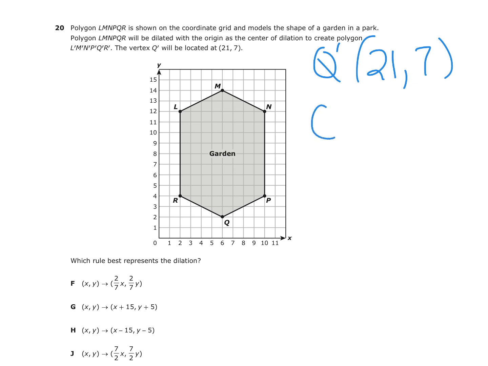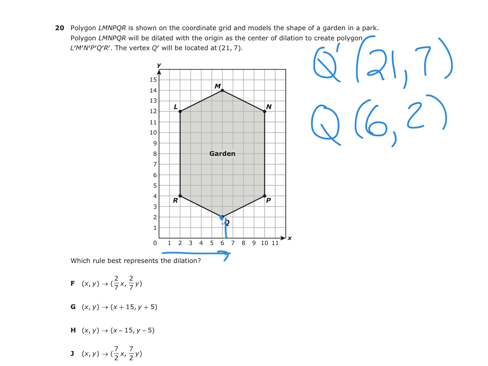And what is Q? Well, Q is going to be 6 units to the right and then 2 up. So (6, 2). So this is the vertex right here at Q. So we go 6 units to the right and then 2 up. So (6, 2). So to go from Q to Q prime, I have to multiply by a certain factor.